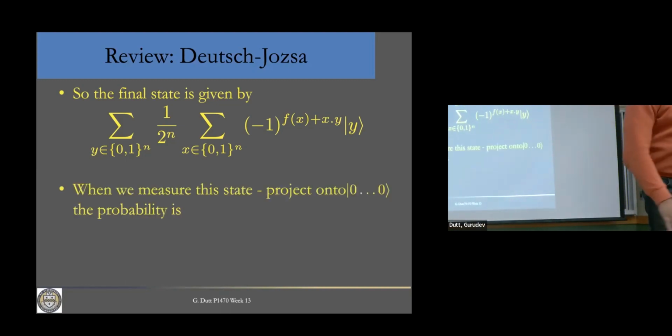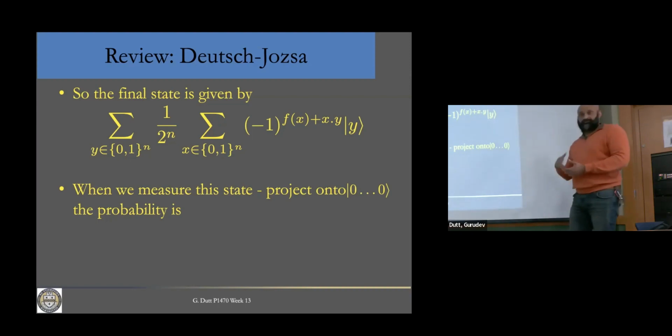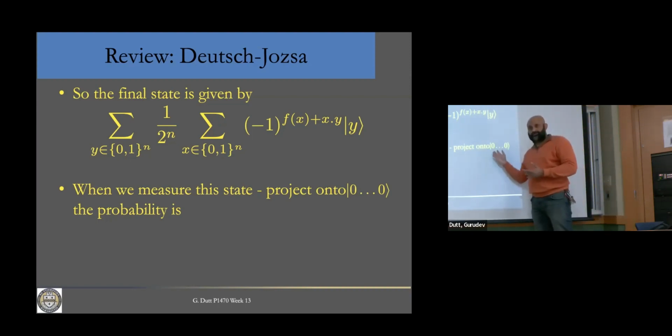Okay, so what does this do? Well, when we measure the state, we're going to project it. Of course, in the final measurement, we just measure. That's all we do. But we can get any of the patterns, like say 0, 0, 0, we can get 0, 0, 1, etc., up to 1, 1, 1. We can get any pattern at any given time.